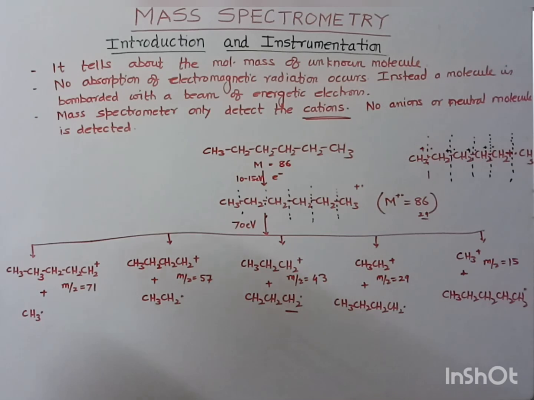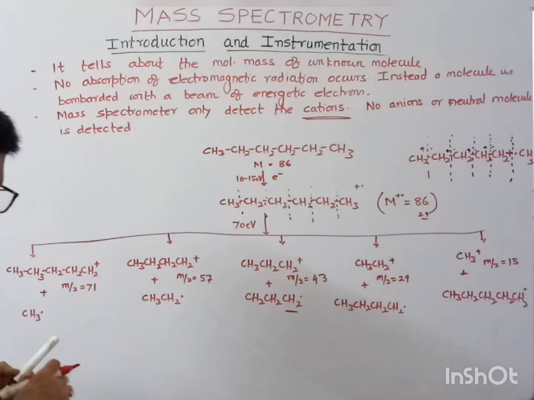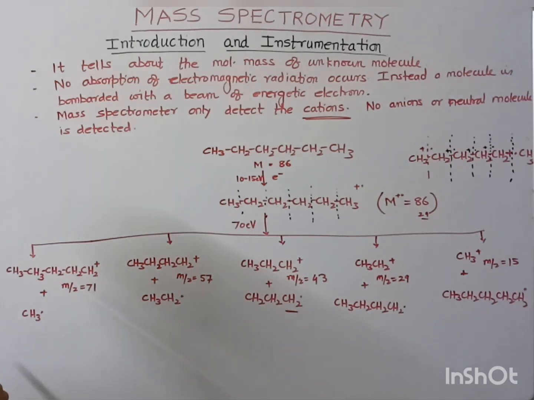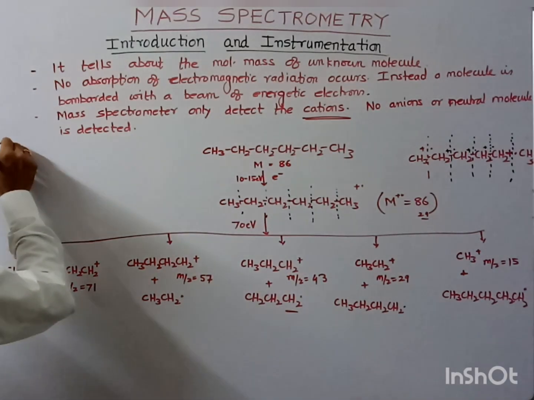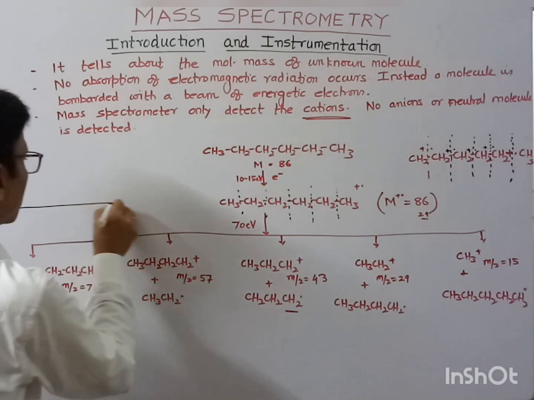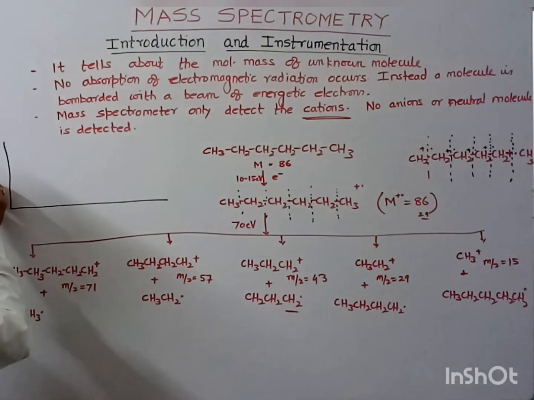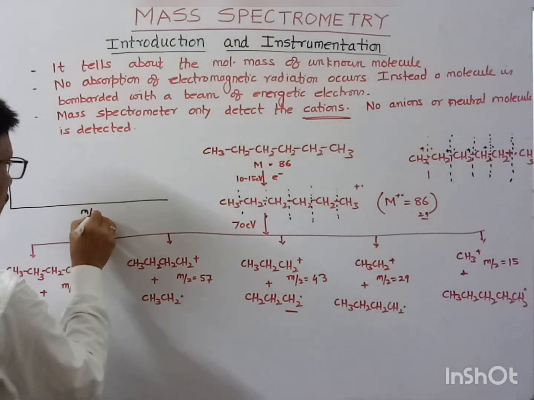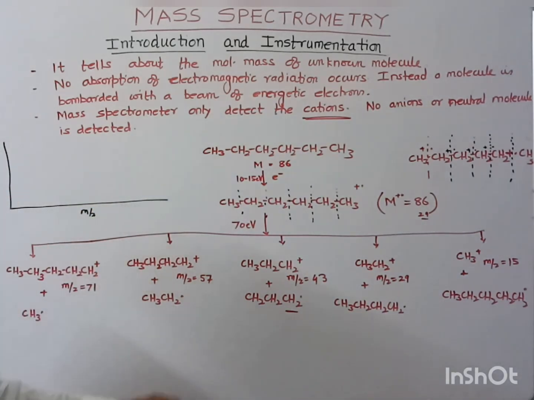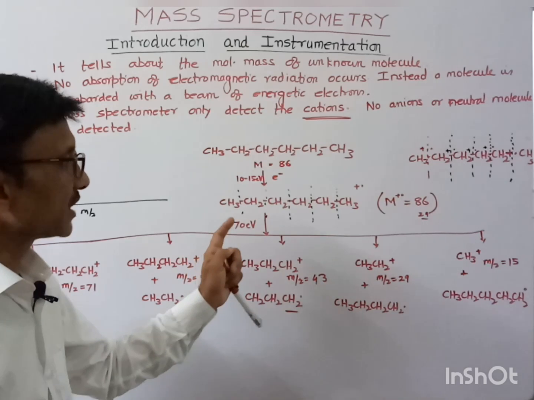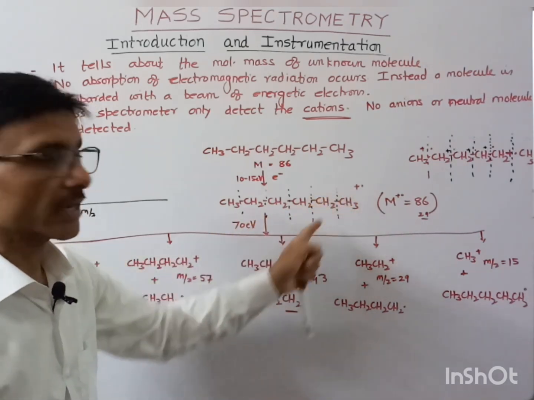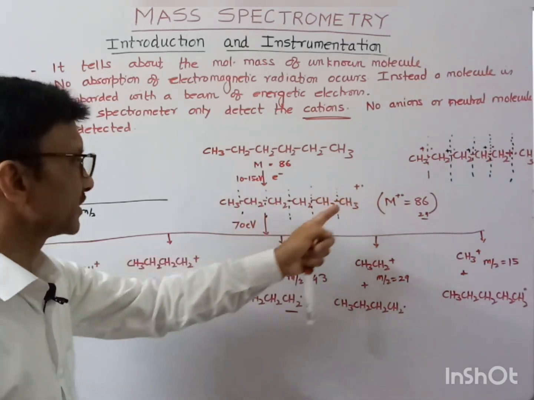Now what type of spectrum will we get? If you see the spectrum, it will look like this, with percentage relative abundance and m by z value. The mass analyzer will only detect the cation or the radical cation.